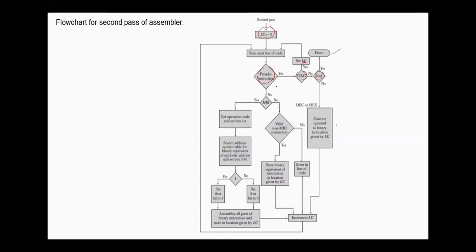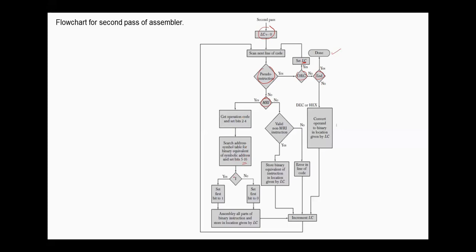If the next line of code is not a pseudo instruction, we check if it is a memory reference instruction. Then we get the operation code for this instruction from the memory reference instruction table, and we search the address symbol table for the binary equivalent of the symbolic address and set bits 5 to 16.